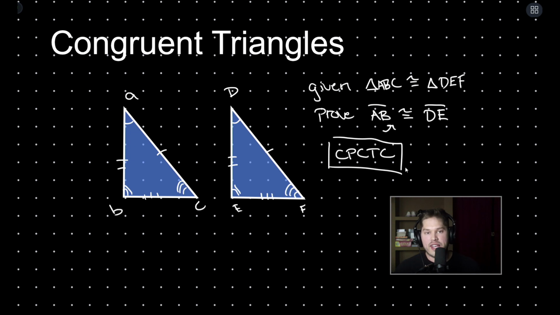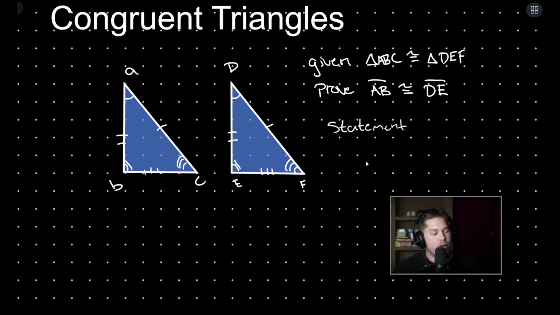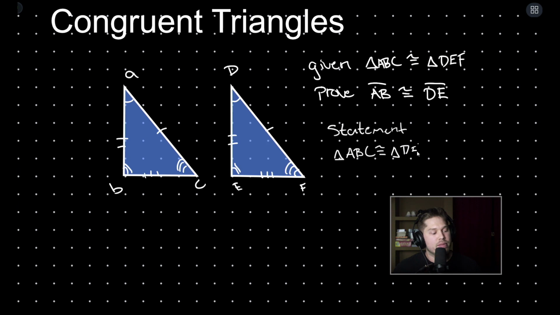So if you wrote this in a statement-reason table, your two-column proof, you would have your statement side, and it would be a restatement of the given. Triangle ABC is congruent to triangle DEF. Your reason would be the given.